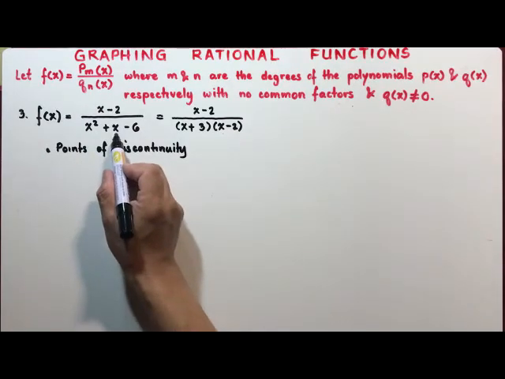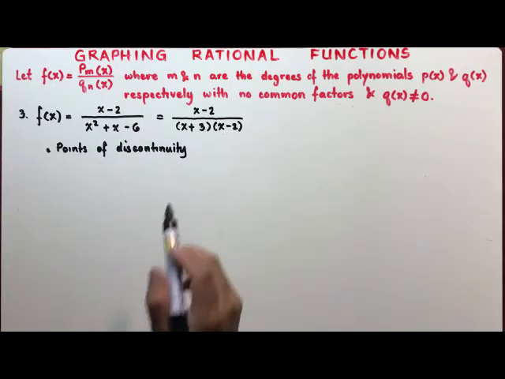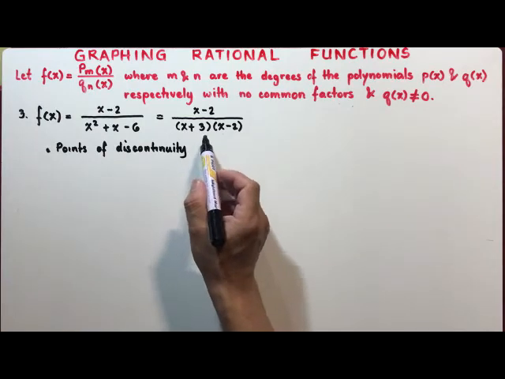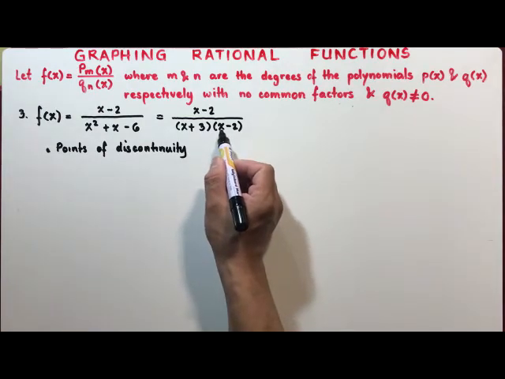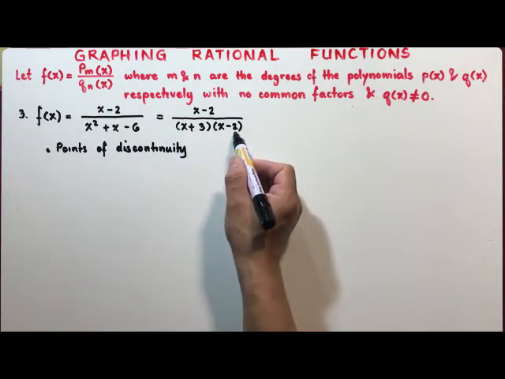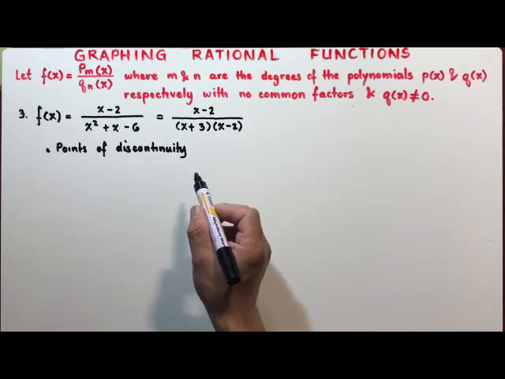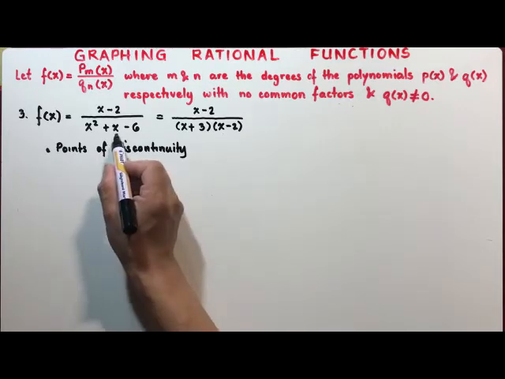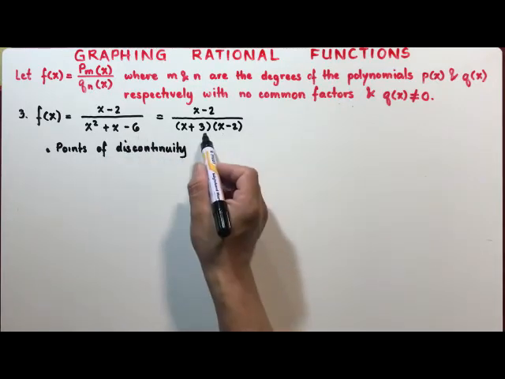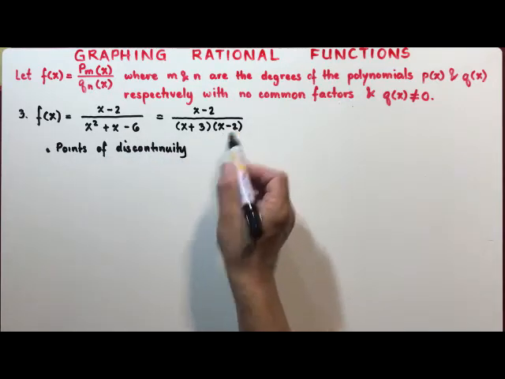The middle term is the sum of the products of the inners and the outers. So 3 times x is 3x, and x times negative 2 is negative 2x. If you add 3x plus negative 2x, that's x. And the negative 6 is the product of 3 times negative 2.